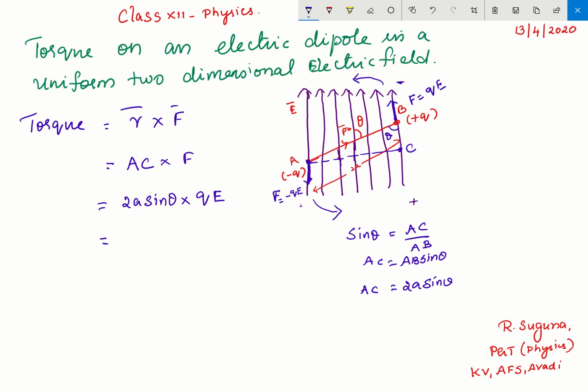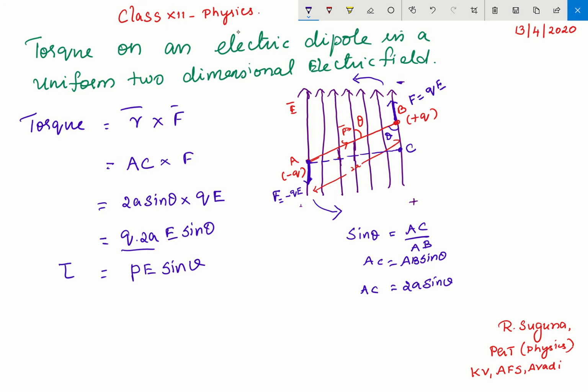That is nothing but Q into 2A sine theta, that is E sine theta, correct? E sine theta. Okay, that is nothing but, Q into 2A is nothing but P. Therefore, PE sine theta. This is tau, right?